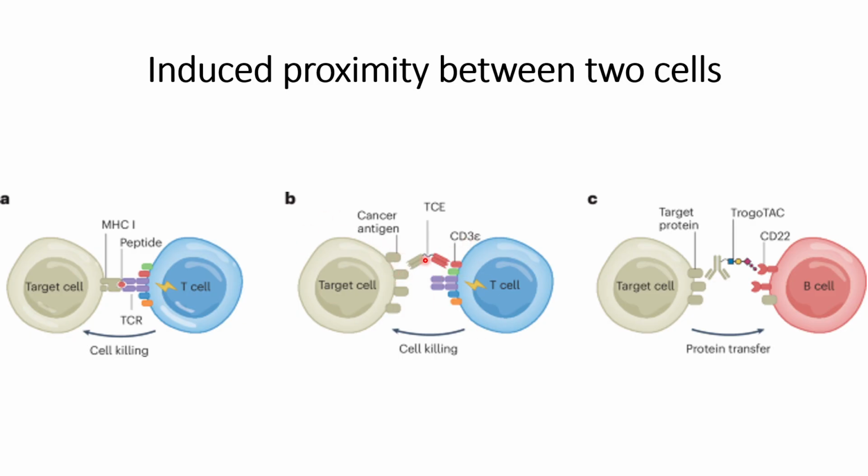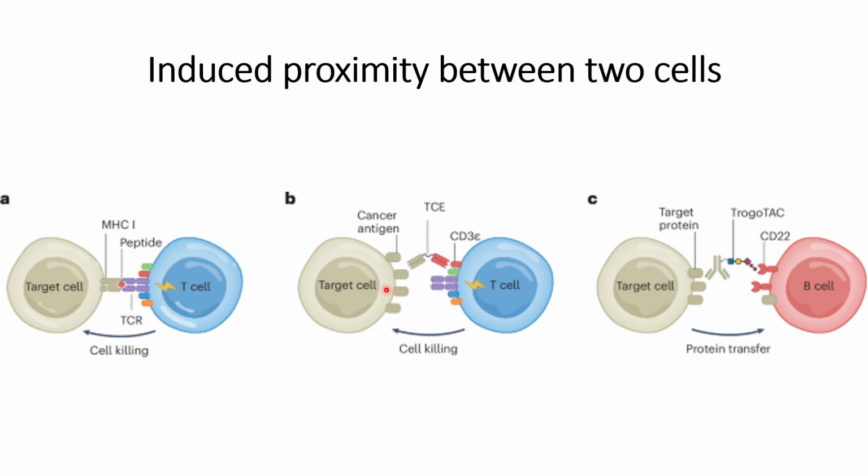On one hand, it has the receptors that can bind to the cancer antigens on the target cells, and on the other hand, it has the receptors that can bind to the CD3 epsilon receptors that are present on the T cells, thereby bringing these target cells and T cells together.